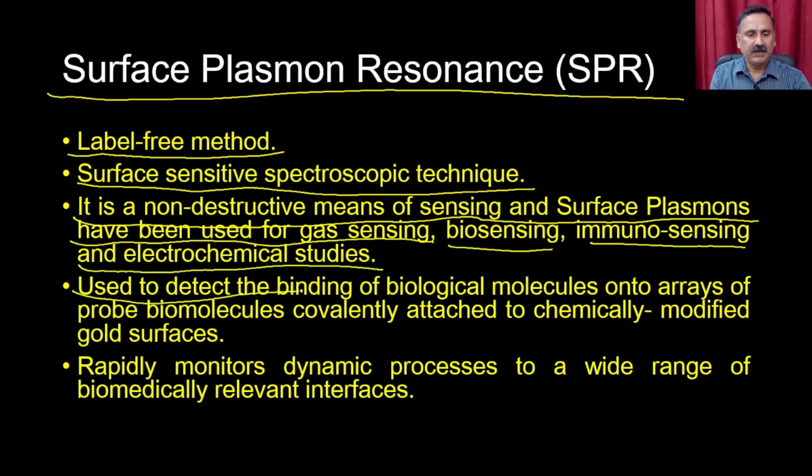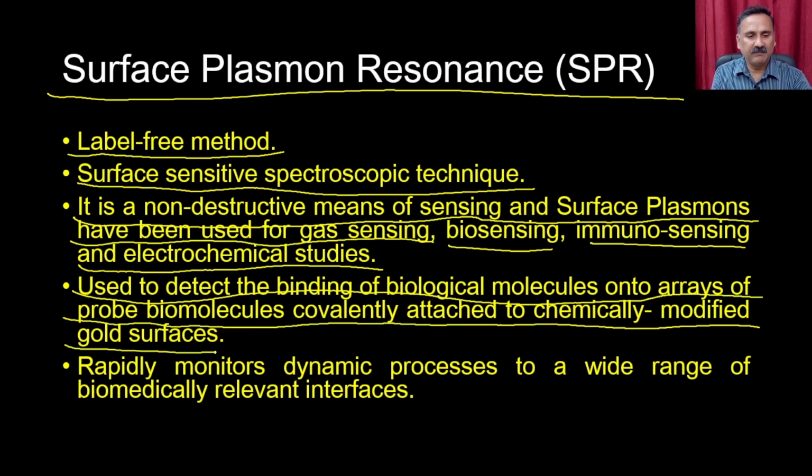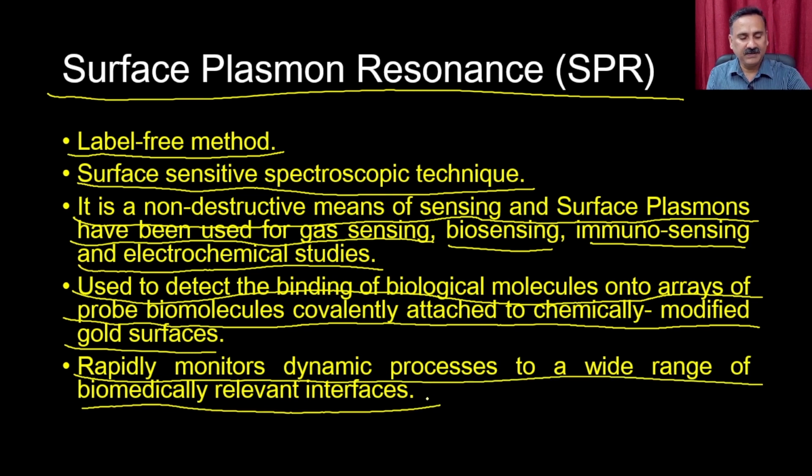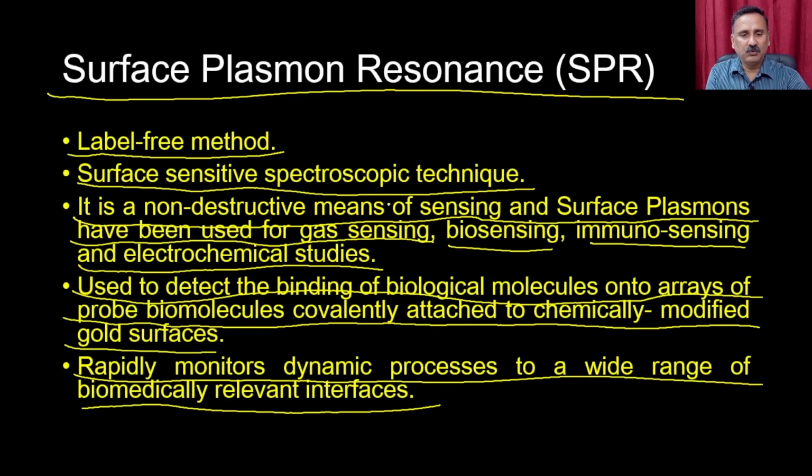It is used to detect the binding of biological molecules onto an array of probe biomolecules covalently attached to a chemically modified gold surface, and to rapidly monitor dynamic processes at a wide range of biomedically relevant interfaces. We'll discuss all this when we discuss in detail the principle of SPR and how SPR can be used to detect enzyme-substrate interactions, and then you will be able to follow some of these terms.